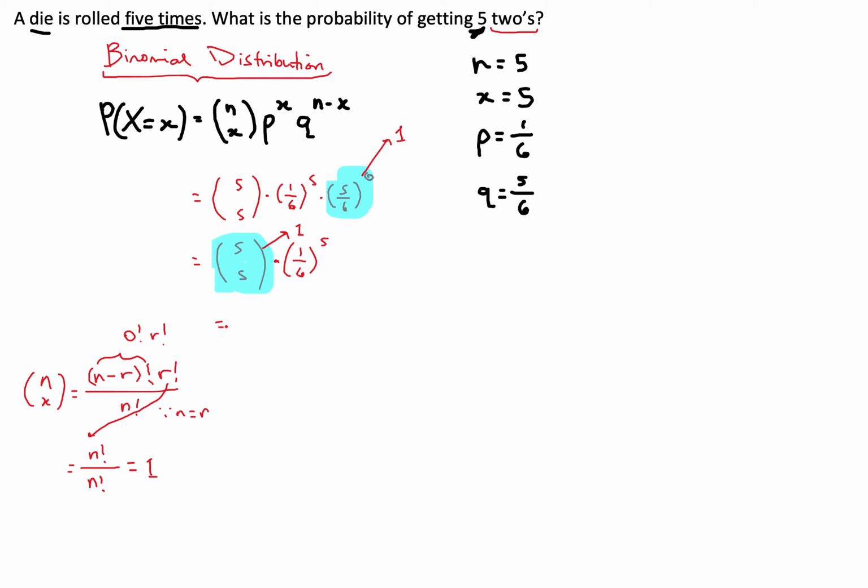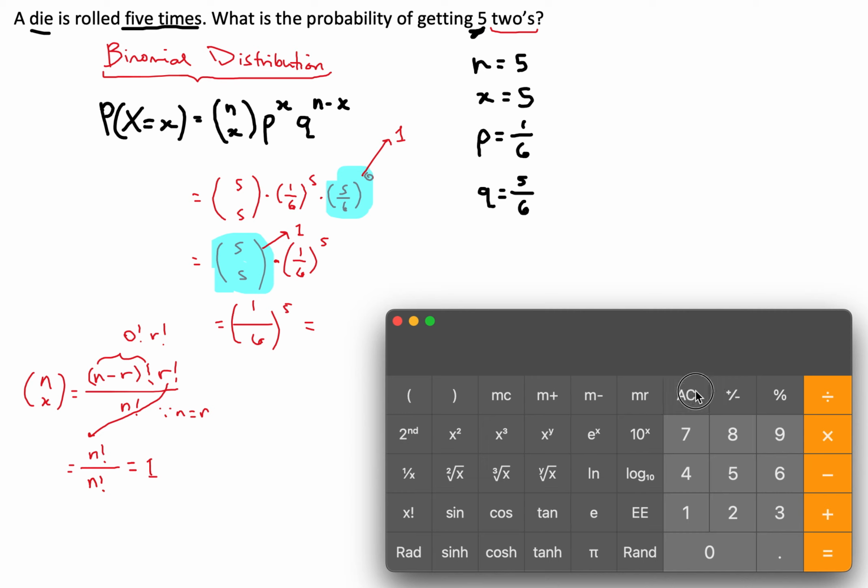So we are left with 1 over 6 raised to 5. Practically, 1 raised to 5 is 1, but 6 raised to 5, it's 7776.